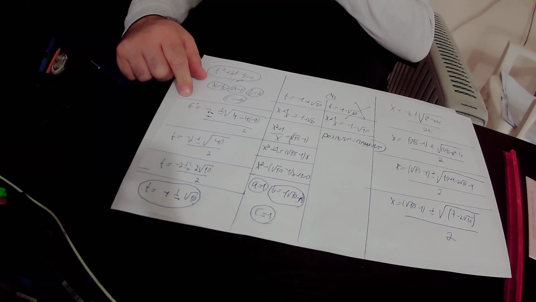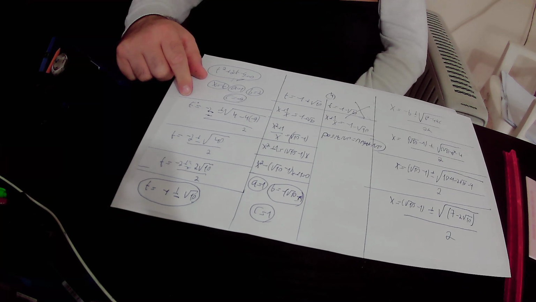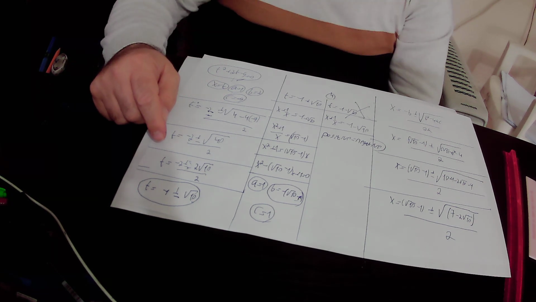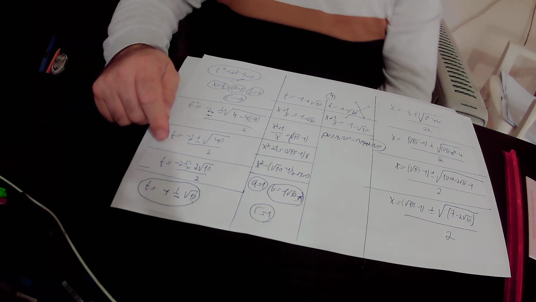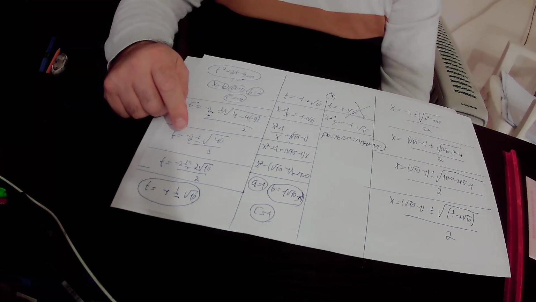and we know that the square root of 40 is square root of 4 times 10, the square root of 4 is 2, so in conclusion we got that t equals minus 2 plus minus 2 times square root of 10 over 2.